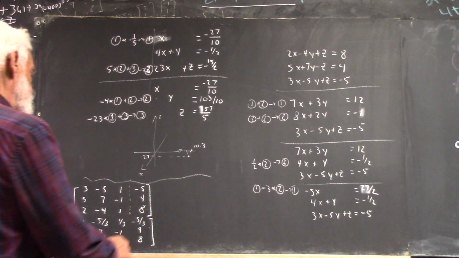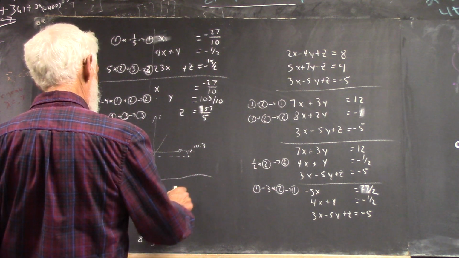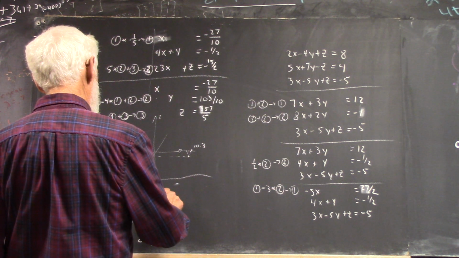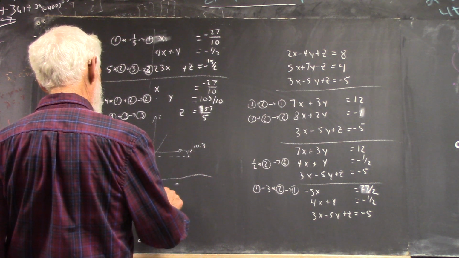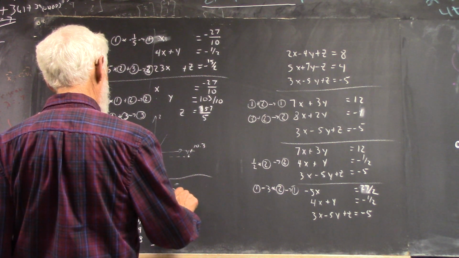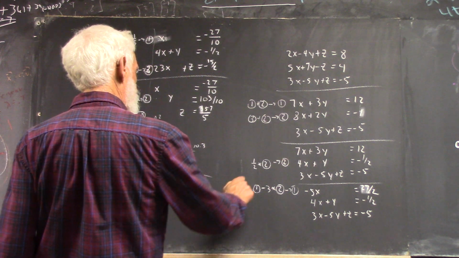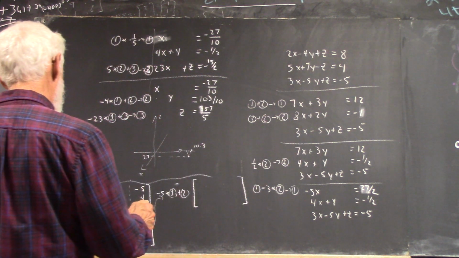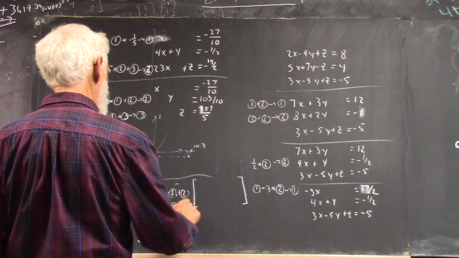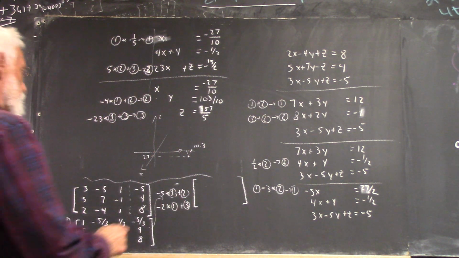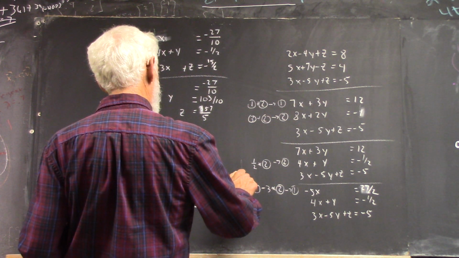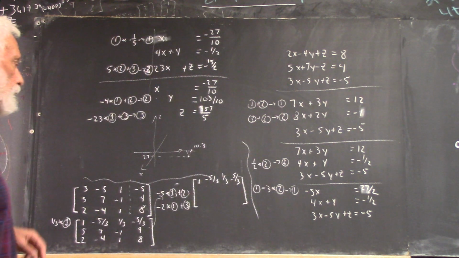Well then, I'm going to do this. Okay, my first row is going to say what it is: 1, negative 5/3, 1/3, negative 5/3.